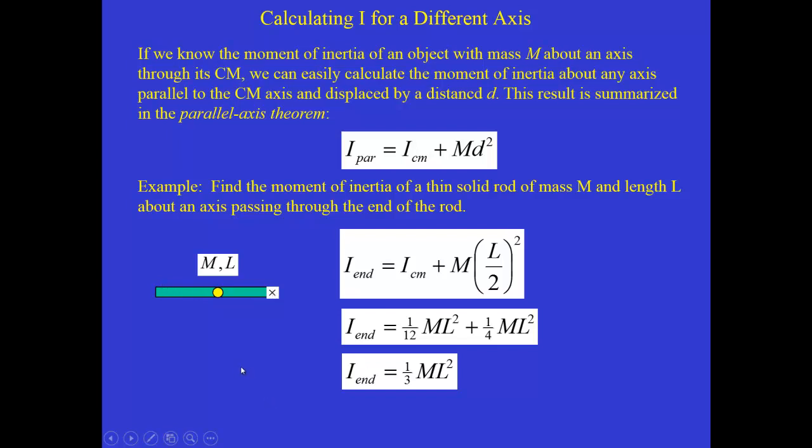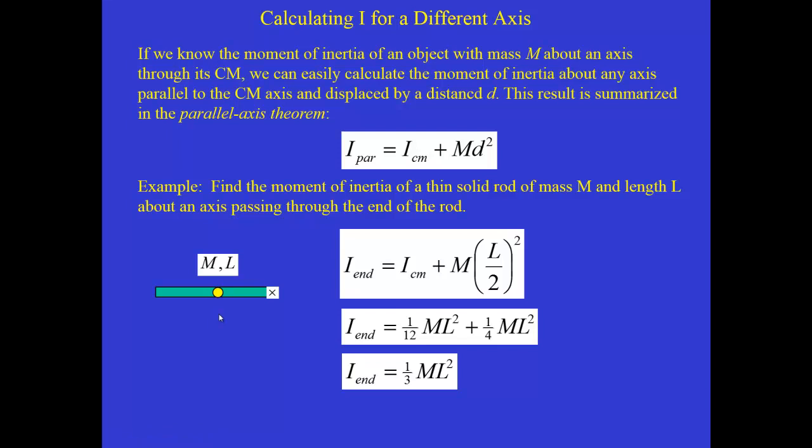And in the moment of inertia expression, remember that mass pieces are weighted by the square of the distance that they are away from the axis of rotation. And so that's the qualitative explanation for why the moment of inertia for an axis about the end is larger, in this case by a factor of 4, larger than what it would be for a moment of inertia about the axis through the center of mass.